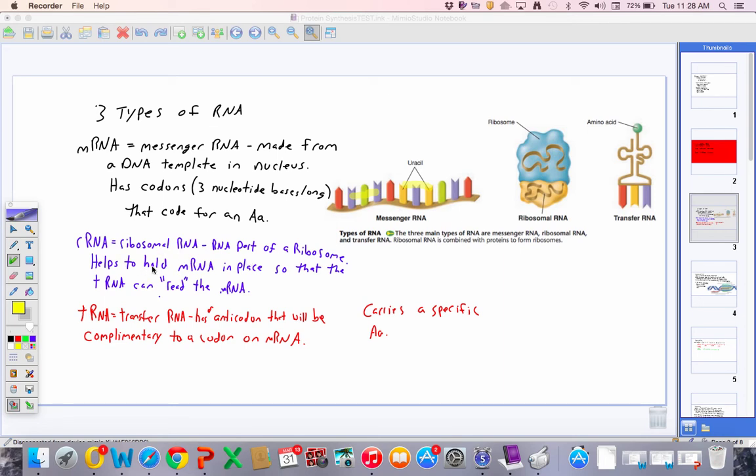And the ribosome helps to hold mRNA in place so that tRNA can, quote unquote, read the mRNA. And then we have tRNA, which is transfer RNA, and that has an anticodon that will be complementary to a codon that's on mRNA, and it also carries a specific amino acid.